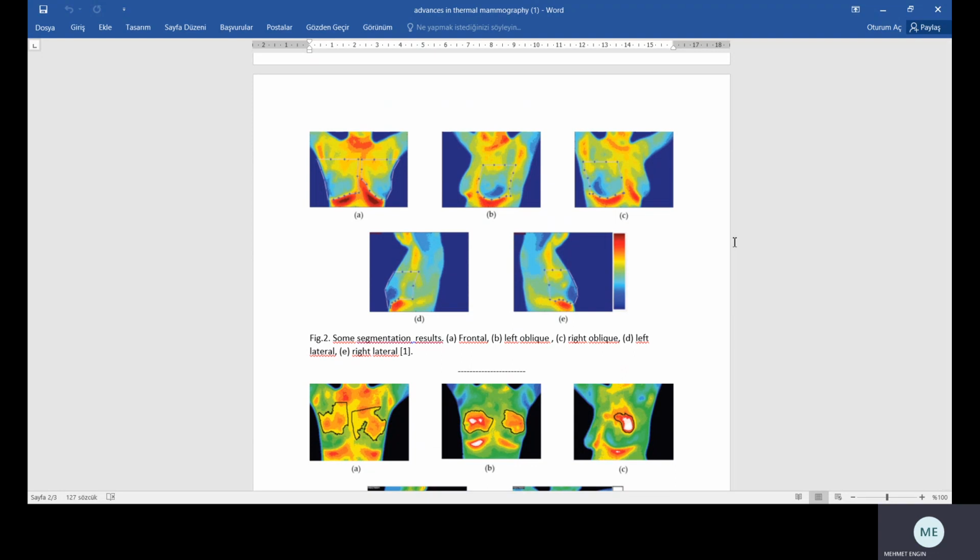The third aspect, tumor localization. Once the region of interest for analysis is determined, the next technical challenge is to accurately identify the exact location of the abnormality or lesion. This usually means detecting regions having warm and hot temperature pixels in the image and analyzing the heat pattern around the same.